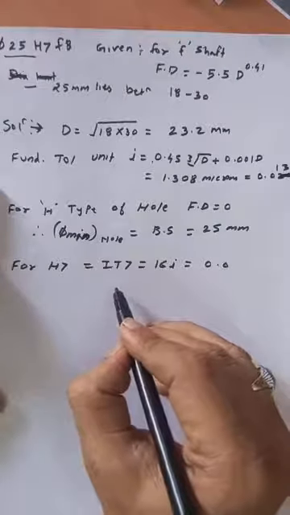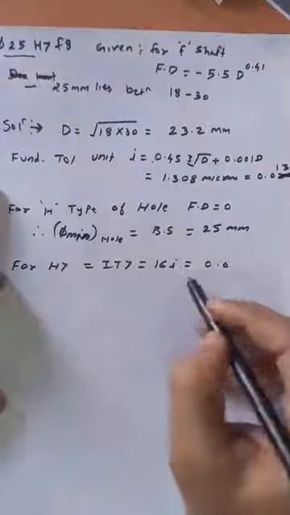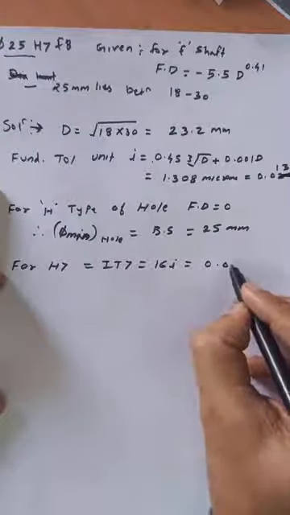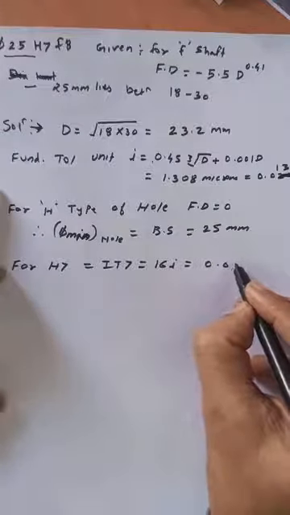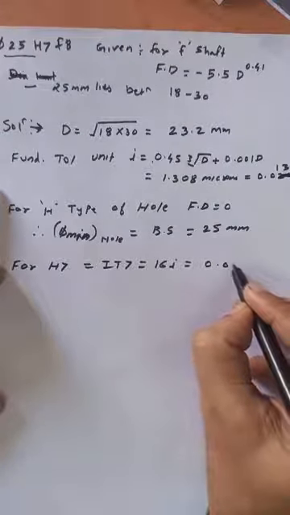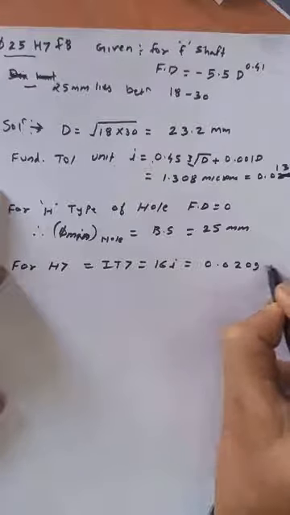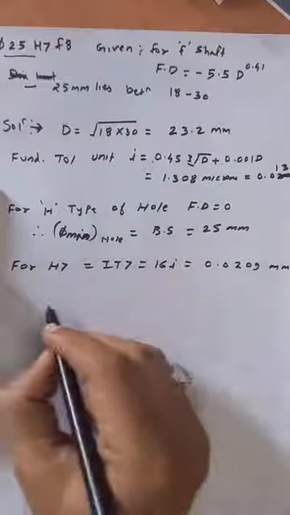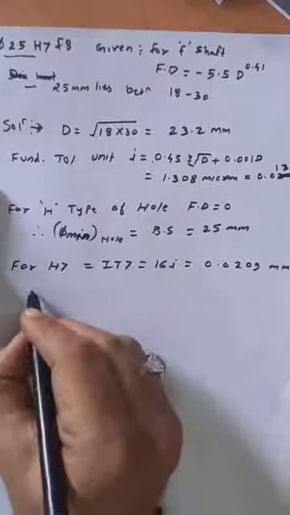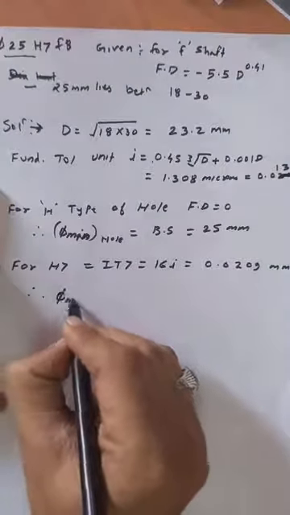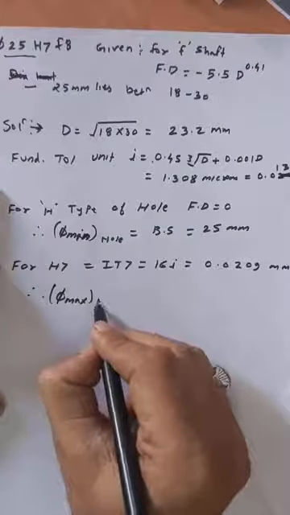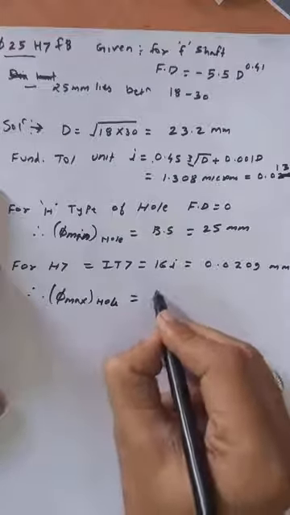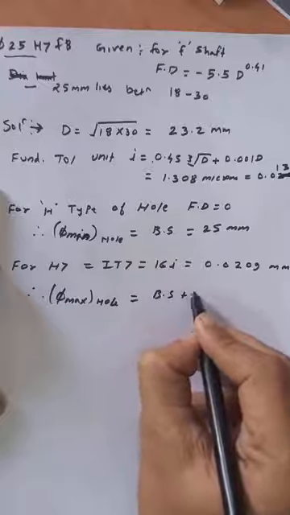So for H7 type of hole, the value comes to be 0.0209 mm. This is the value I have written wrongly here. Okay, so then the maximum size of hole comes to be basic size plus tolerance.